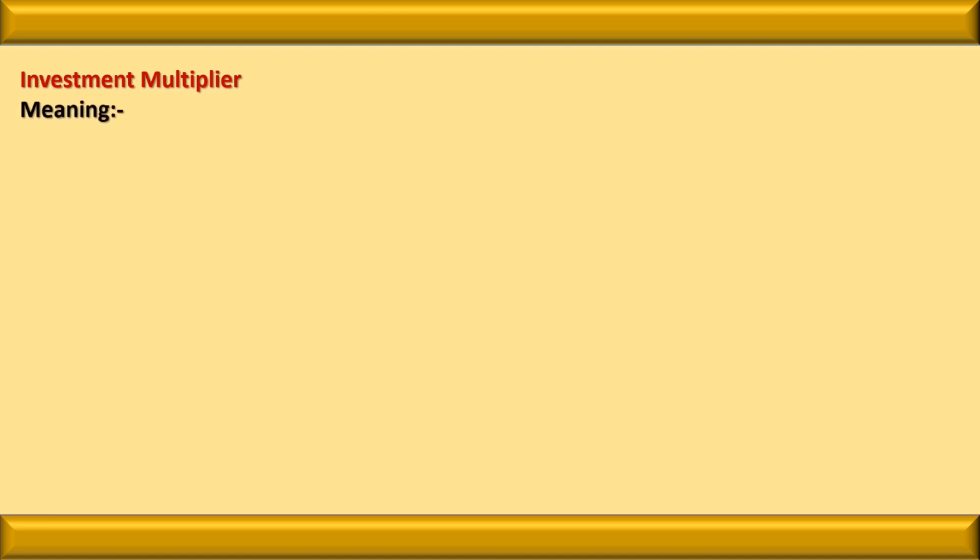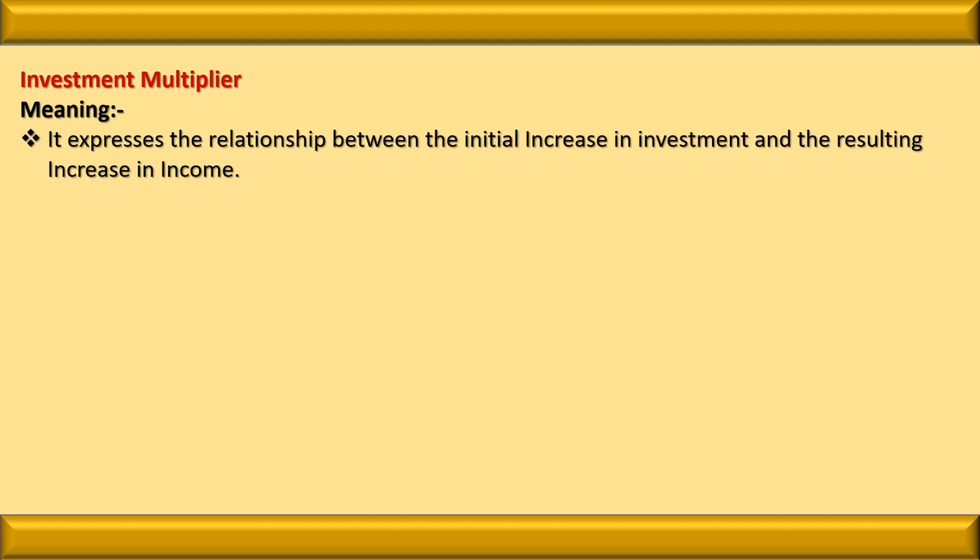Let us discuss the meaning of investment multiplier. Listen, investment multiplier expresses the relationship between the initial increase in investment and the resulting increase in income. What does it mean? It means investment multiplier shows that with a change in investment, income changes manifold.